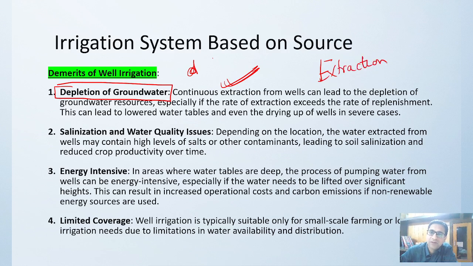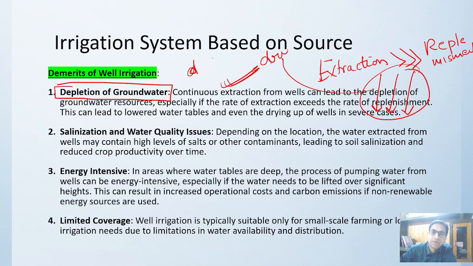Whenever the rate of extraction of water increases and there is no replenishment, the water table will go down, and after a few years the water table will become dry and your wells will be dry.